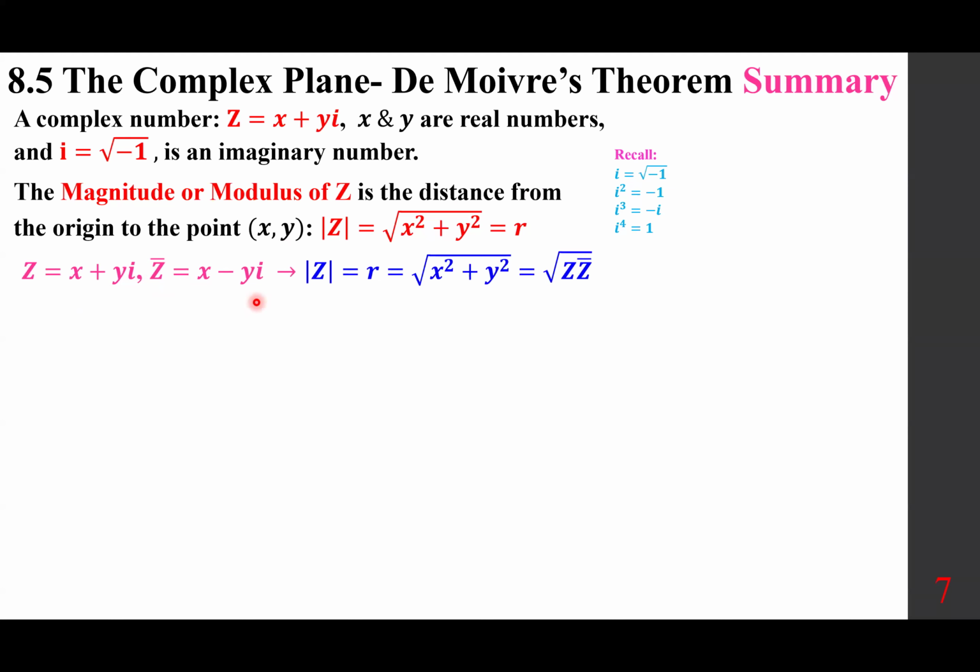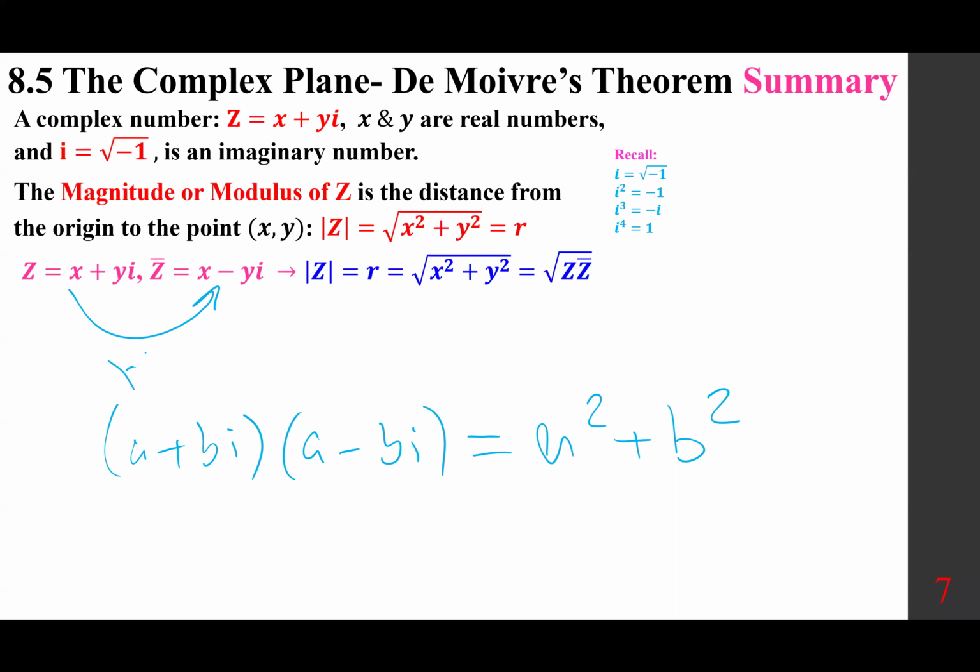And this notation, which looks like an absolute value, represents the modulus, the size, the magnitude of z, equals r, equals the square root of x squared plus y squared, which is the same as for z bar. I hope you know if you multiply these two, you remember a plus bi times a minus bi is a squared plus b squared. So when you multiply these two, you get x squared plus y squared.